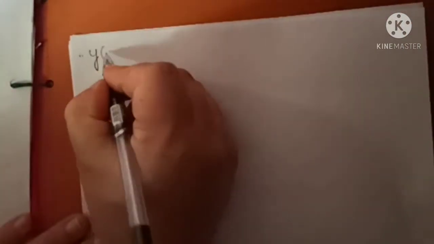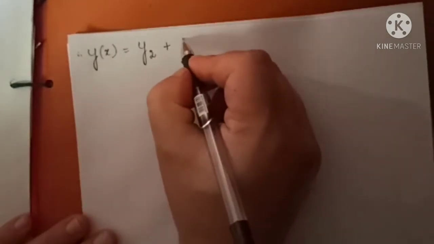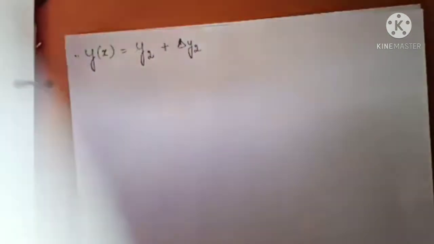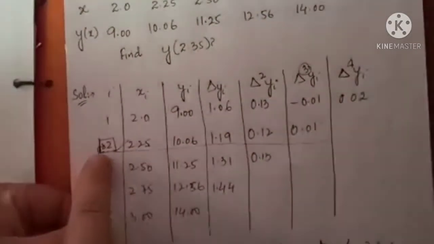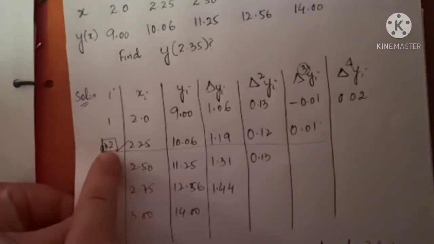So therefore y of x is equal to y2 plus delta y2. Why y2? Because we have to estimate it at this second point. So instead of writing y1, we have to write y2.